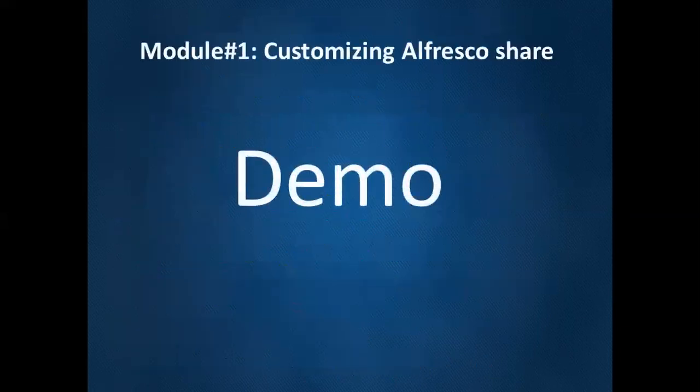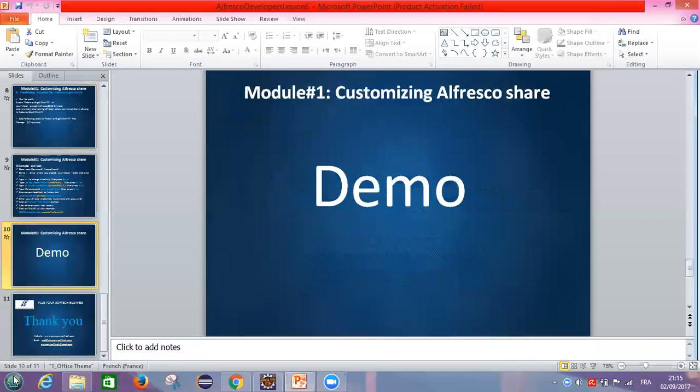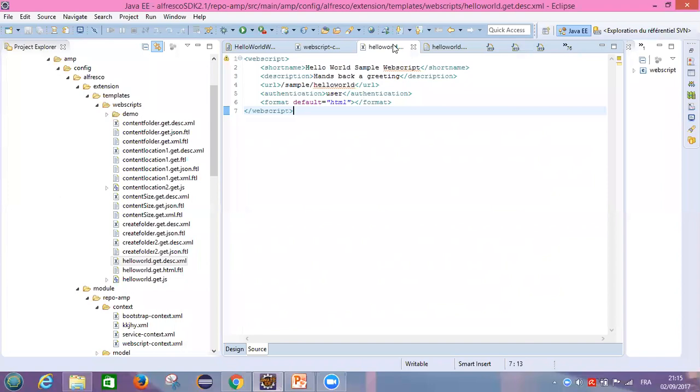So now let's see how we can do all these things. Now let's practice all what I spoke about just now. As I told you, I already followed the path and created my descriptor file, hello.get.desc.xml.